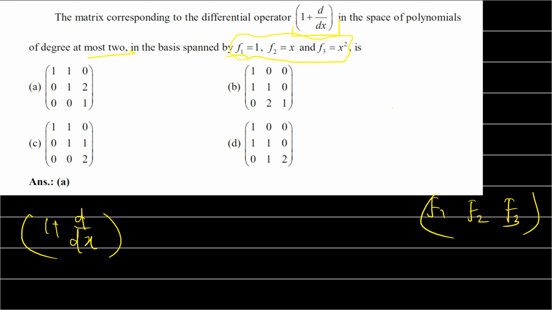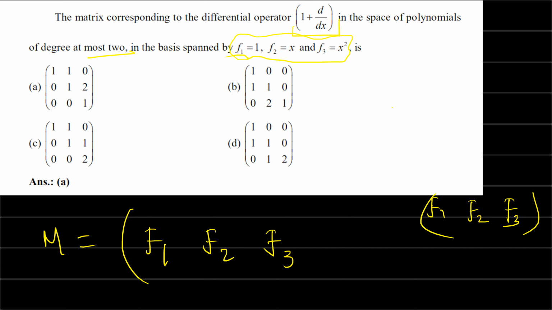This differential operator will operate on these bases and give a matrix. I'm just writing the form of the matrix here, then we will solve. We have to first write what the operator does with f1, then with f2, then with f3.